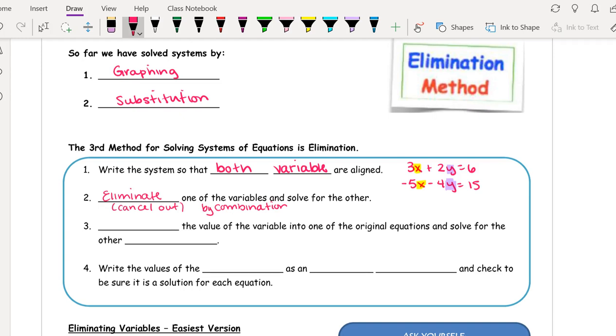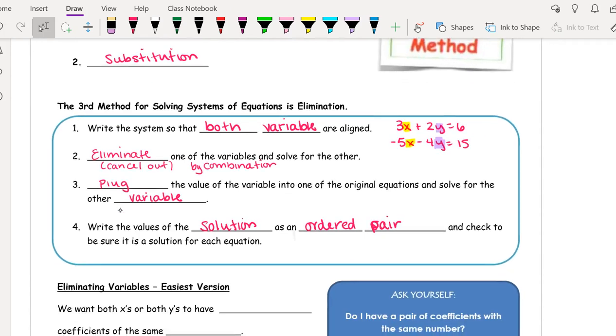Then we're going to plug the value of the variable we found into one of the original equations, just like we did for substitution, and solve for the other variable. And then we're going to write the values of the solution as an ordered pair. Again, that's just like in graphing and in substitution.